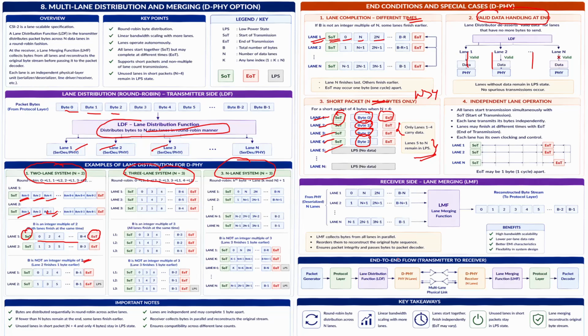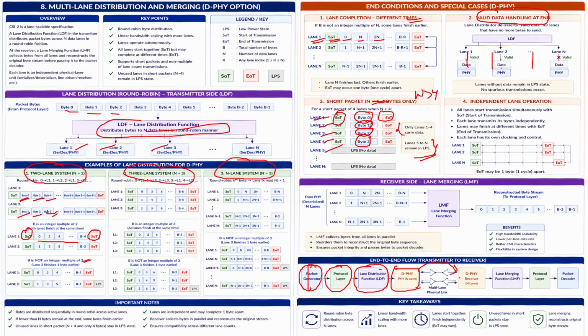How the data flow takes place: the packet generator generates the packets. After that the protocol layer takes care of who is sending the data and who is receiving the data. That is then distributed by the distribution layer. After that, the PHY layer is there, used from transmitting side to receiver side.